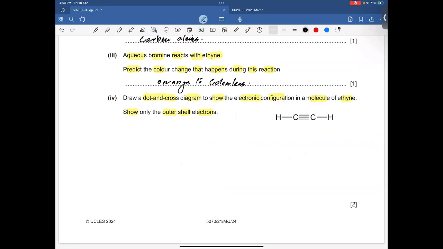So we have a carbon atom here, another carbon atom here, and a hydrogen atom here, another hydrogen atom here.